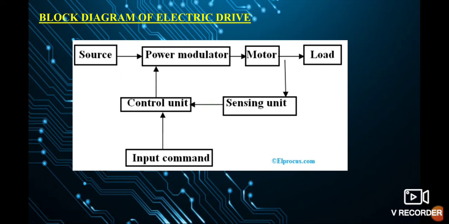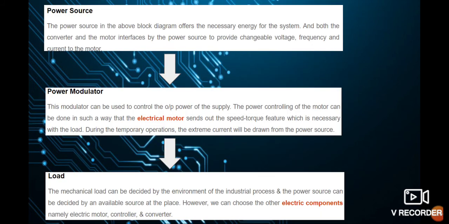The output of the control unit is feeding the power modulator, and the input to the control unit is being obtained from an input command. So these are the parts that form the whole system of an electric drive. What are the basic functions of each block? We are going to study in detail.